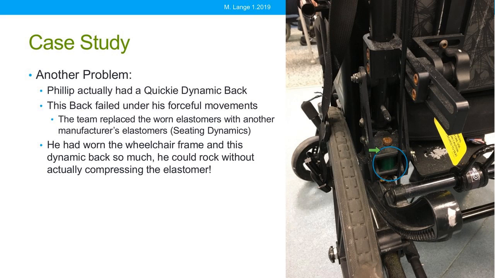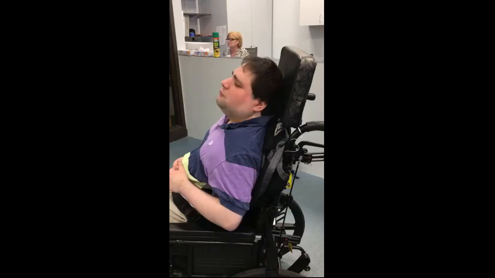The movement you're seeing is that he has worn all the holes within this dynamic component from round holes, which a bolt goes through, to now an oval. And because of that, this entire mechanism has quite a bit of movement in it, but not where it should be, compressing the elastomer. And the whole thing was at grave risk of basically exploding.